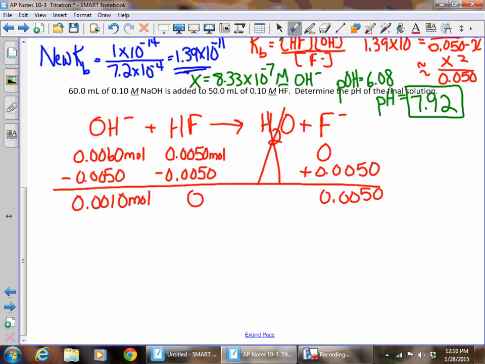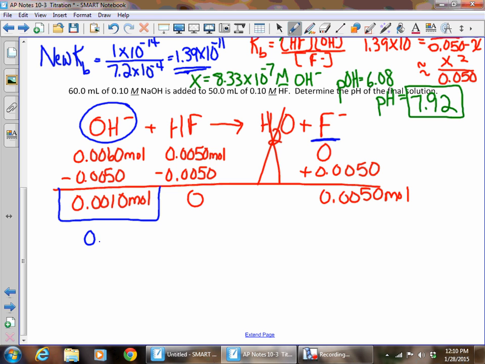And this is where, and there's no way to do this but to memorize it, this is where you have to know that once we get past the endpoint, the strong is leading the way again. The strong overpowers that weak. Yes, there's some weak base here now, but this strong base completely overpowers it. And when we're past the endpoint, all we're going to look at is the amount of strong OH minus that we have left in the solution. The F minus is just not going to make any difference to the overall pH of this solution.